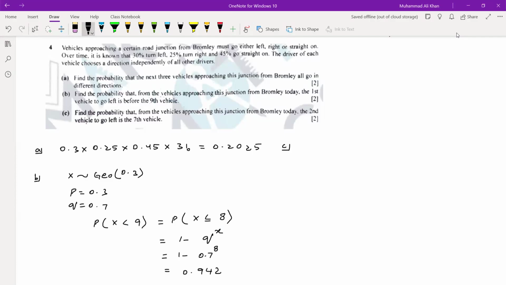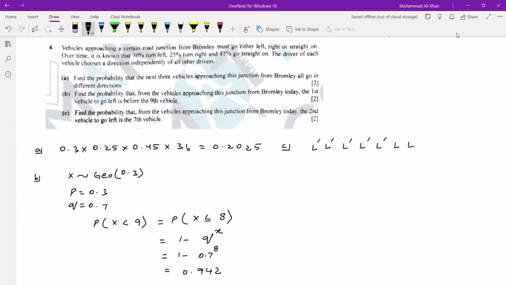And now, part C. Find the probability that from the vehicle approaching this junction, the second vehicle to go left is the seventh vehicle. Okay, it means there's no left, no left, no left, no left, 1, 2, 3, 4, 5, 6 not left, and the seventh vehicle is also left.